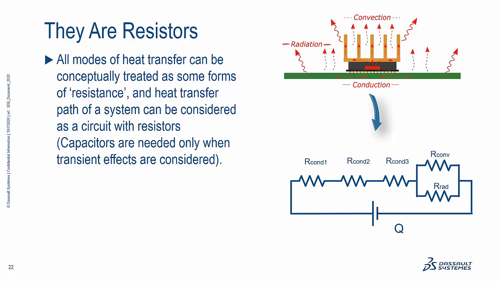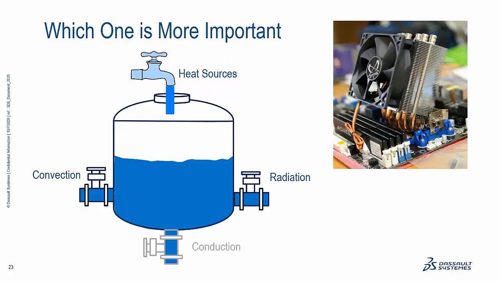But there's one question: which of these resistors is more important? Now I would like to give you an analogy here. Hopefully it's helpful. Let's say you have a water tank and your heat source would be like a faucet or a valve that is constantly fueling your water tank. And you have three valves: convection, conduction, radiation.